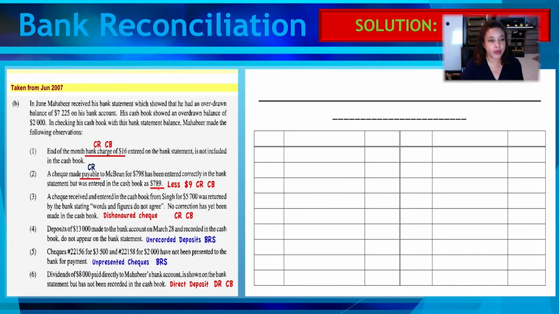All right, so here we have our notes, and as I said, we are going to go into the revised cash book first. Name of the business, Mahabir or Mahaber, not too sure how you're pronouncing it. Revised cash book, and it's the bank account column only. You do your normal headings. The year, did they have the year 2006?